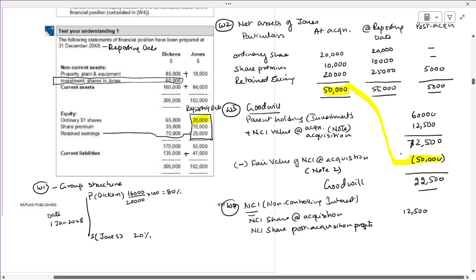How much is the post acquisition profit? 5,000 times the percentage of NCI, which is 20%. How much are the profits? 1,000. How much is the total? 13,500.